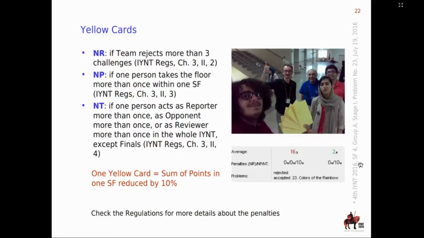In the photo here on the slide, you can see one team at one of the previous IYNTs. This team was obtaining a lot of yellow cards, but as you see, they're smiling, they're happy, and they're not complaining too much, and they're not disappointed too much. This is something that I want to tell to all teams. Please be patient, and please understand that having a yellow card is not a big problem.